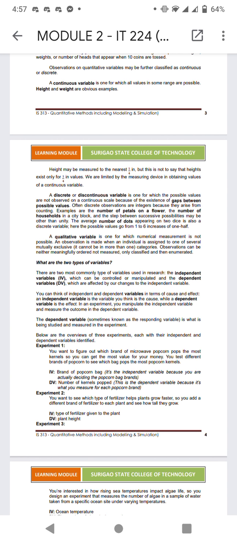Next, a discrete or discontinuous variable is one for which the possible values are not observed on a continuous scale because of the existence of gaps between possible values. Often discrete observations are integers because they arise from counting. Examples are the number of petals of a flower. What we have discussed earlier about discontinuous or discrete is that it is countable, meaning we could use integers by counting or measuring them.